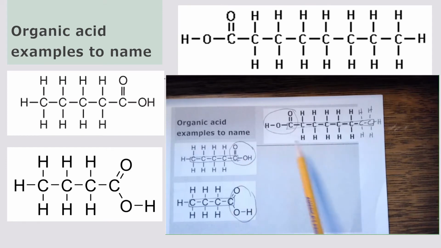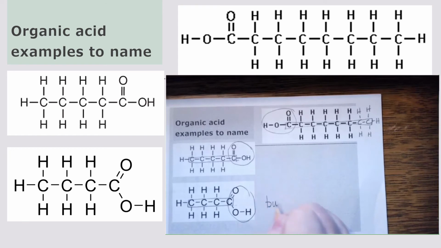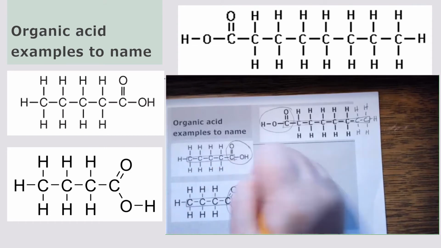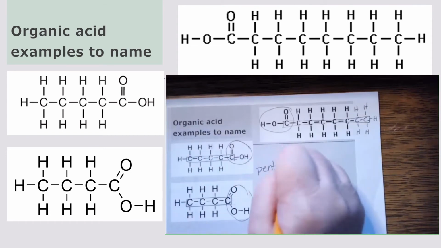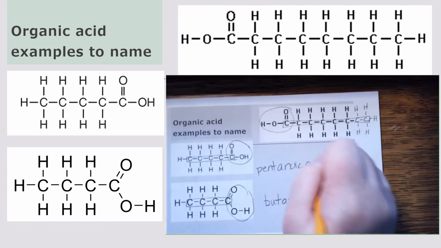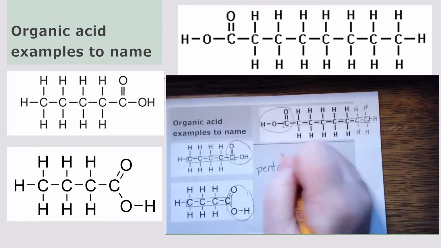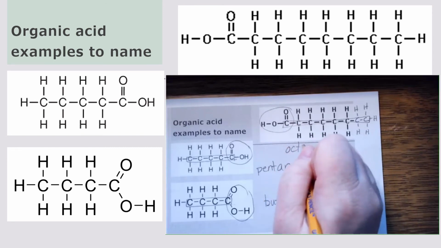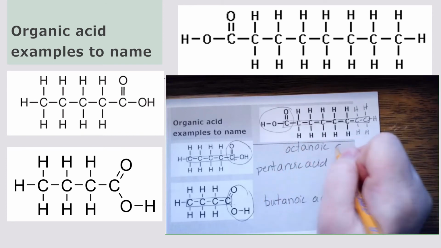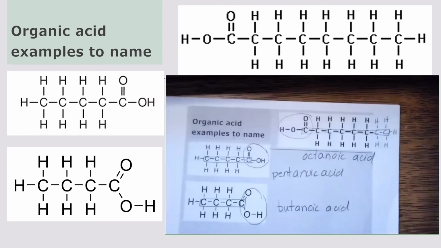All I need to know is how many carbons. 1, 2, 3, 4. I count the carbon in the functional group because remember that was on the chain. So that is but, and then I add anoic acid. 1, 2, 3, 4, 5. Pentanoic acid. 1, 2, 3, 4, 5, 6, 7, 8. Octanoic acid. Easy peasy.